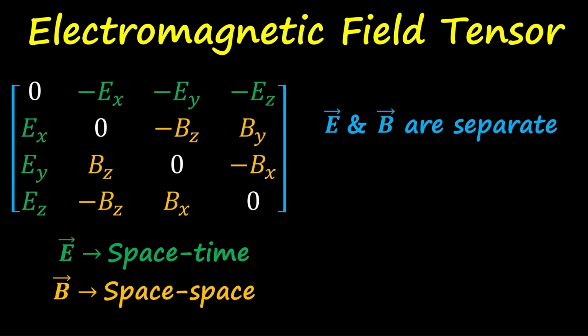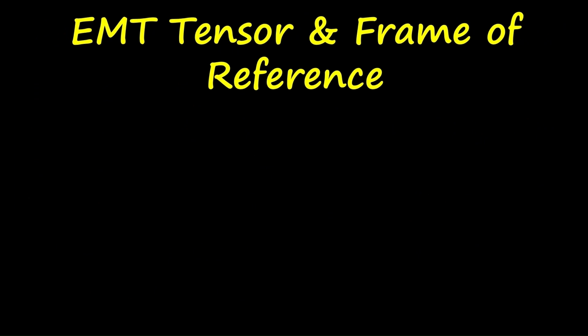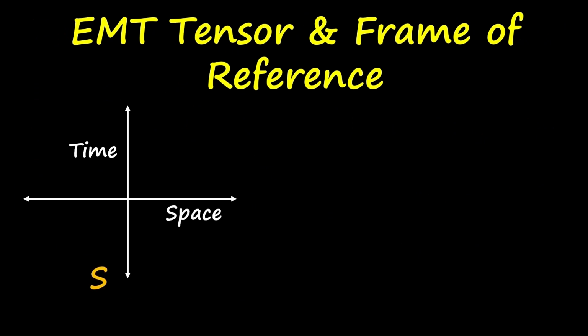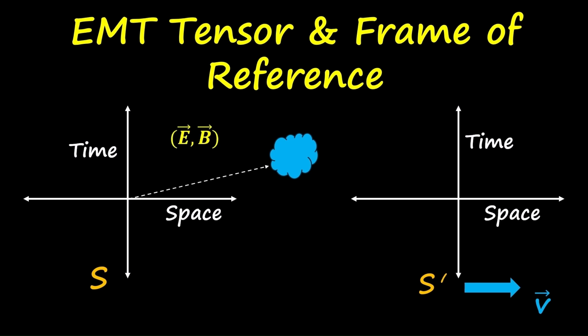But what happens if this field tensor is seen from another moving frame of reference? Suppose you have a frame of reference S and you have another frame of reference S prime, which is moving with a velocity v. Suppose we have a system here, and if you observe this system from the S frame of reference, you'll get some information about the electric field and magnetic field.